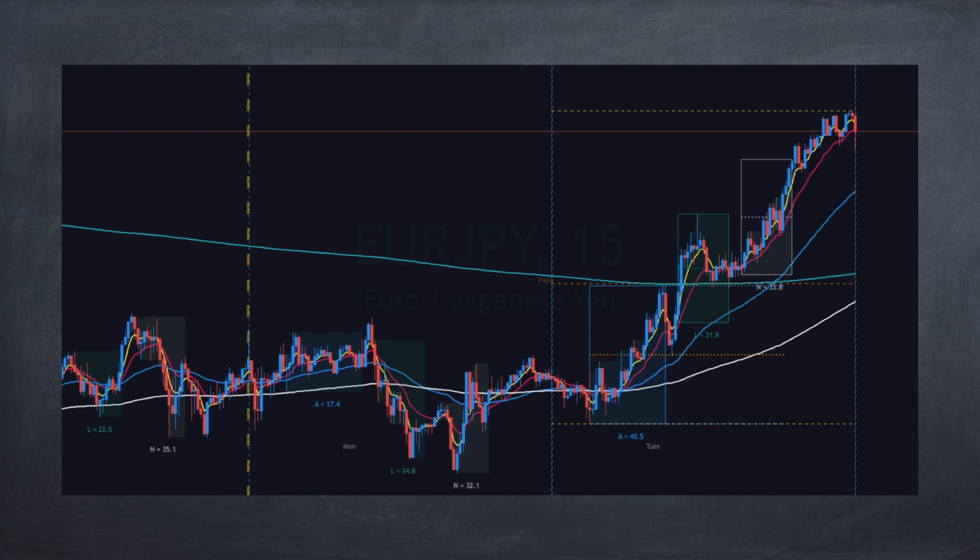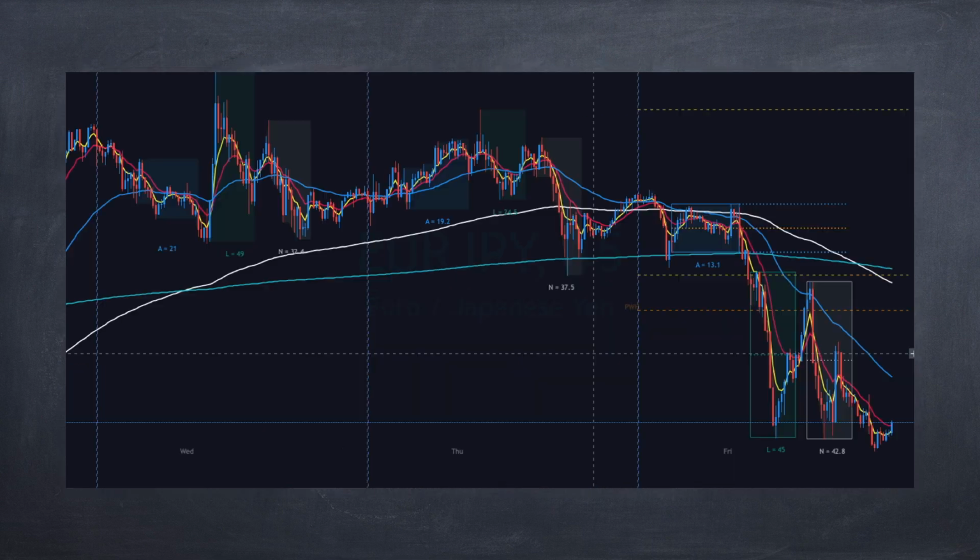Also, as you can see, this typically has a pullback to the 13 or 50, like we just talked about. Also, this type of trade formation, this type of straightaway trade, does become in line with a lot of technicals from retail traders.